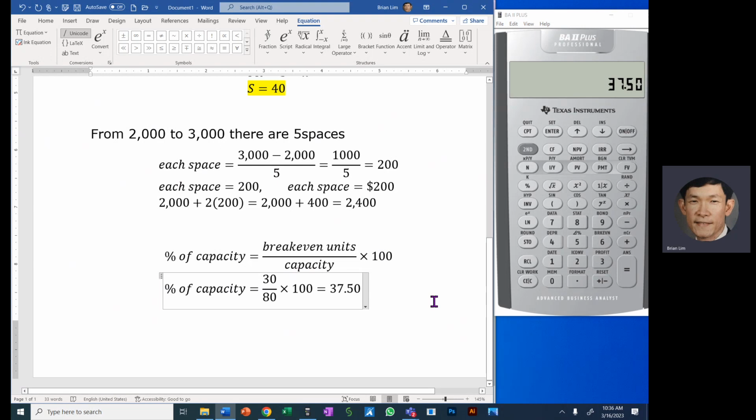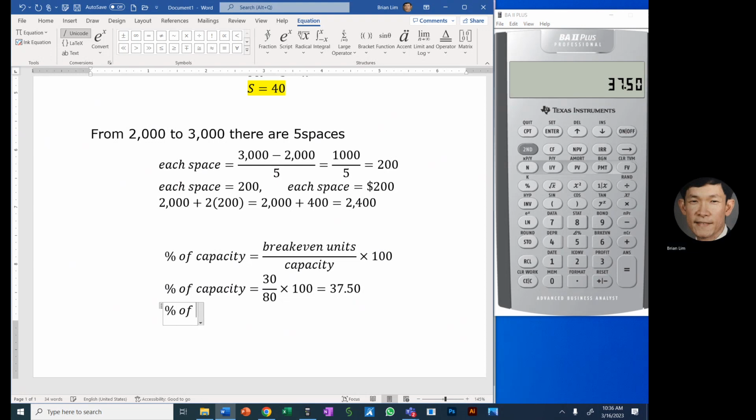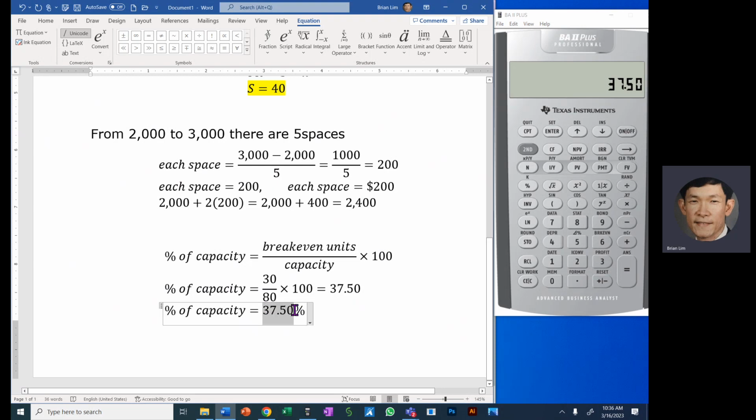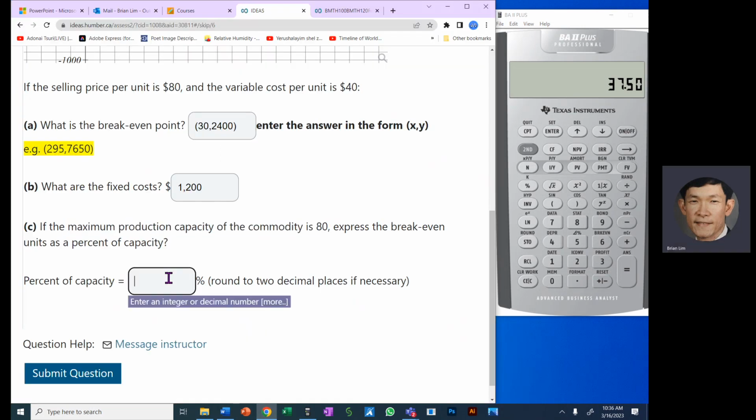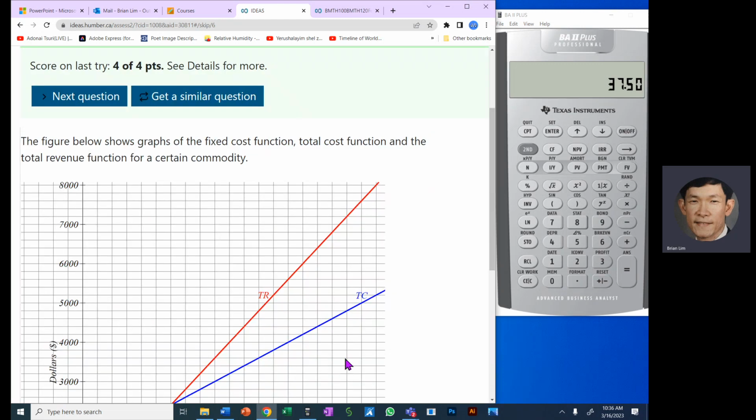Is 37.50, or if you wish, we could put it on a separate line. Percent of capacity is equal to 37.50%. All right, so this is indeed the answer. So if you wish, we can copy that and paste it so there are no errors. And then we submit, and there we are.